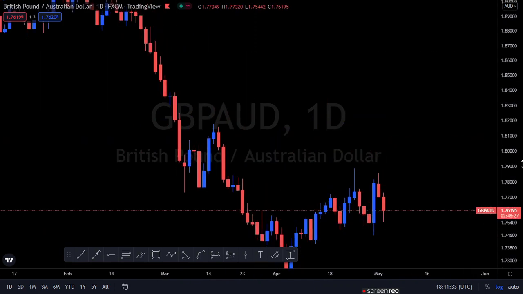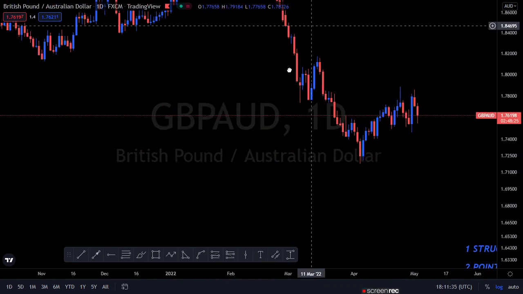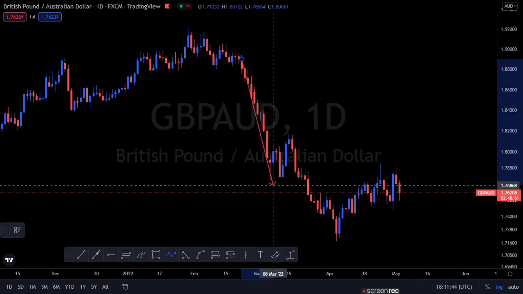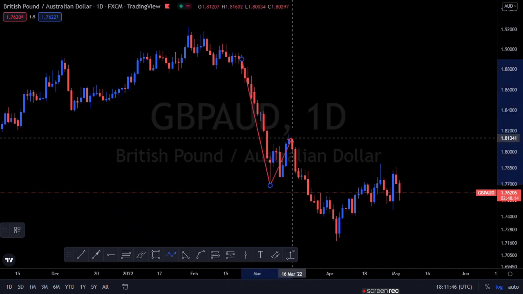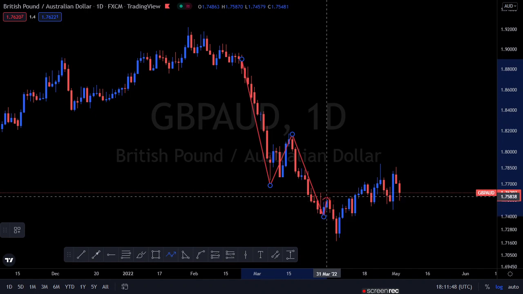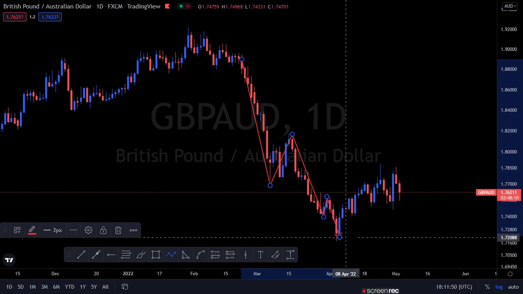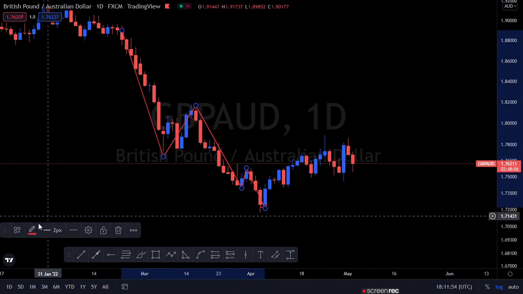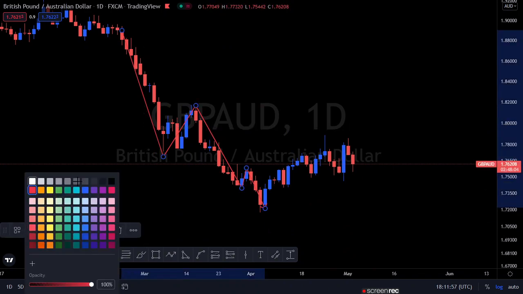You can see that for the previous weeks or days, GBP AUD has been bearish. Why? Because it is forming a lower low, higher low, lower low, higher low, lower low. Let me change the color of my line to white so that it will be different.